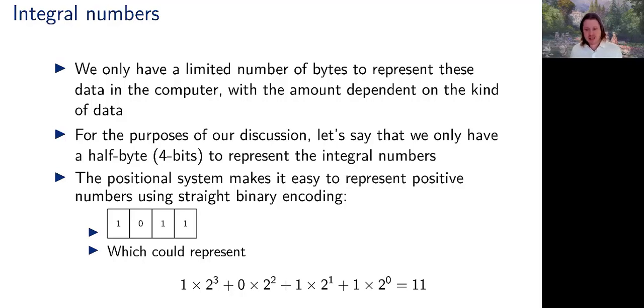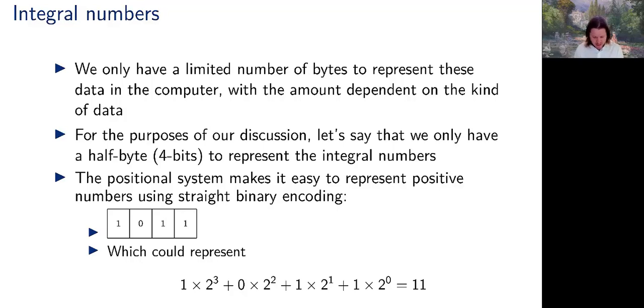So if we wanted to represent 11, we could use all 4 bits to encode the decimal value of 11 in binary as 1011. We would have a finite number of bits available to us.